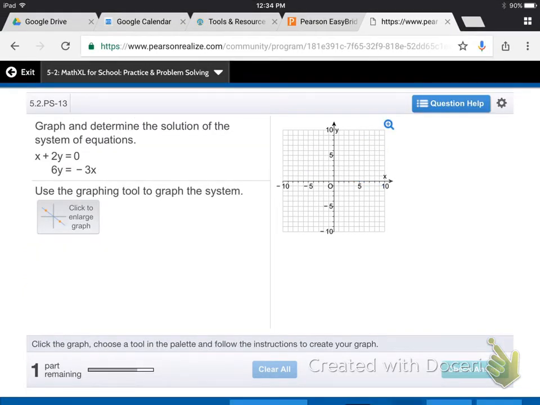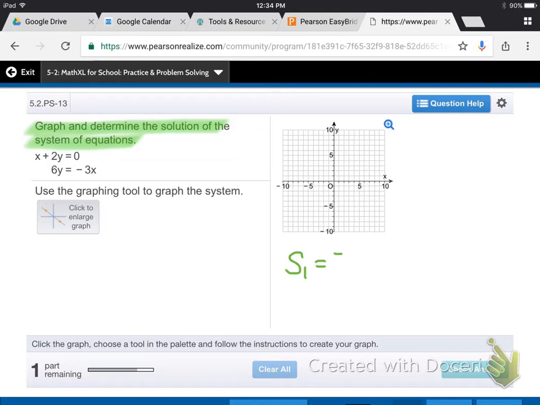Okay, another problem that asks us to graph and determine the solution of the system of equations. Okay, so the slope of equation 1 is, it is in the form ax plus by equals c.